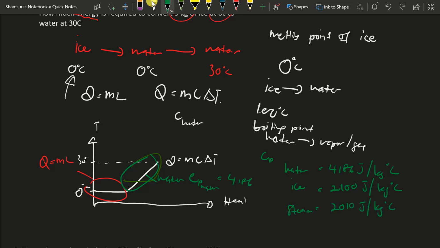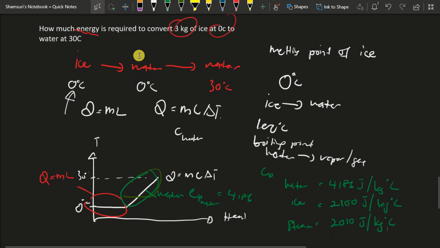So that's why I use this formula. The question is how much energy is required to convert 3 kilograms of ice at 0 degrees to 30 degrees.